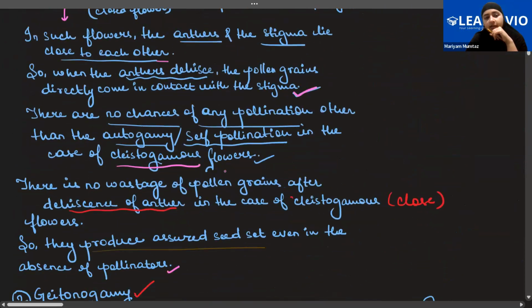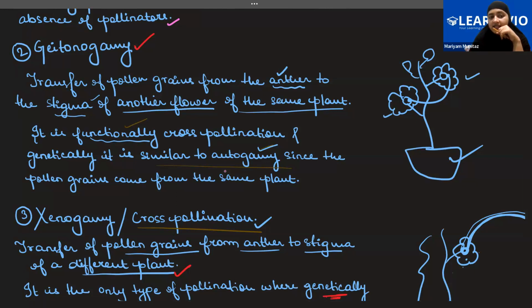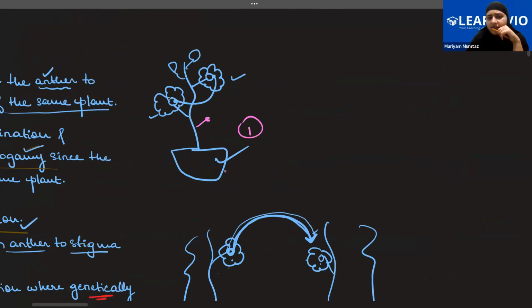Now, moving forward, coming on to the next type, that is geitonogamy. Here, the transfer of pollen grains is from the anther to the stigma of another flower of the same plant. The plant is the same, but the flower is different, as I've drawn here. For example, this is one plant. One plant can have multiple flowers, right?